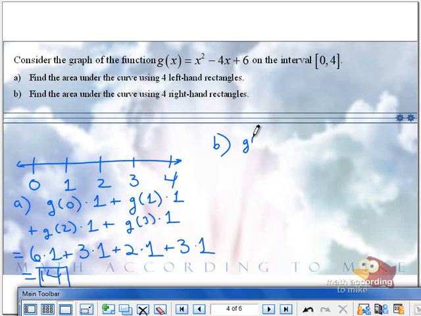So we'll have g of 1 times 1 plus g of 2 times 1 plus g of 3 times 1 plus g of 4 times 1. Notice 3 out of the 4 numbers we already used.